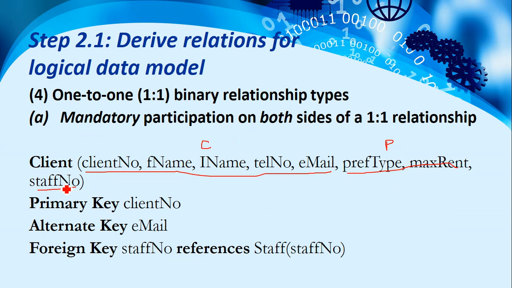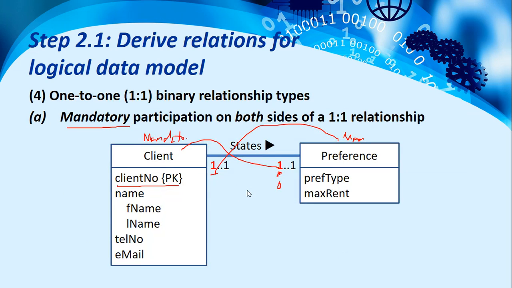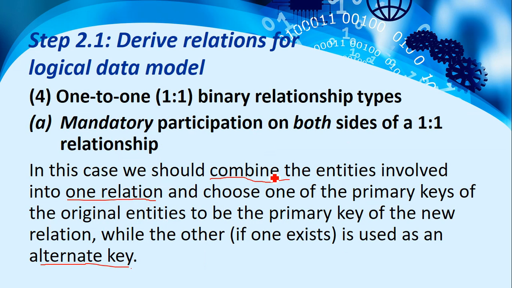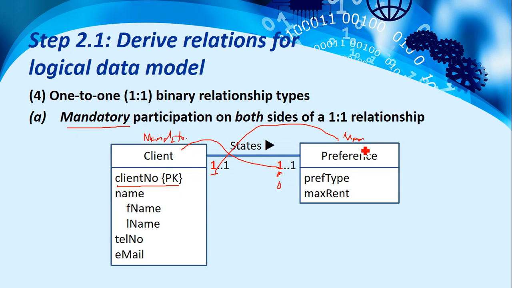But anyway, the main point here is again, in mandatory participation on both sides, you just combine entities into one relation and then choose one of the primary keys. That's how simple it is, no?